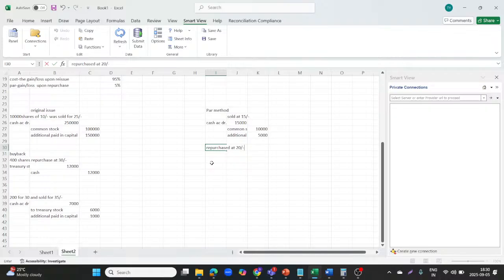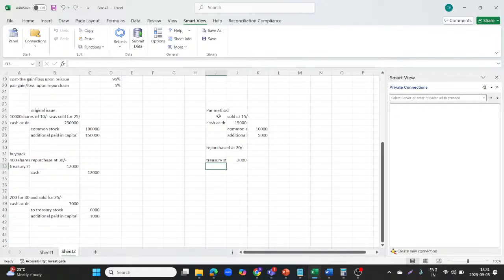Now you are buying back 200 shares, so treasury stock account debit. In this case it will not directly say 200 into 20, because the initial cost was at par value 10, so it will consider the par value.